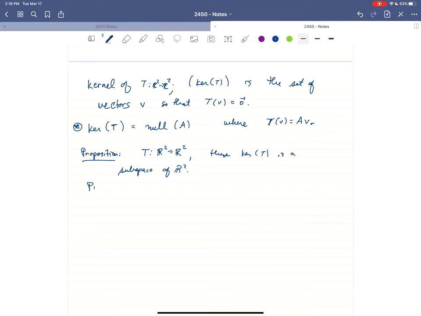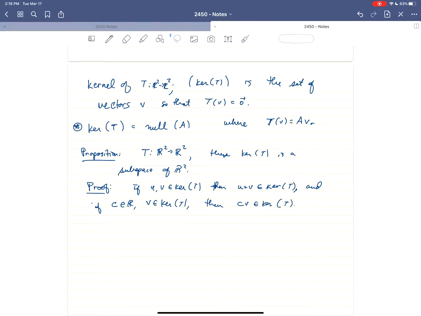the kernel of T is a subspace of R2. And to prove that something is a subspace of R2, we just have to prove that if, say, U and V are in the kernel of T, then U plus V is in the kernel of T. And now we need to show that if C is a real number and V is a vector that's in the kernel of T, then CV is in the kernel of T. By the way, what I mean when I say if is that if this is the case, then that suffices in showing that the kernel is a subspace.